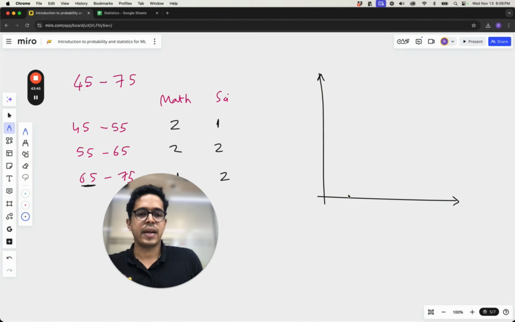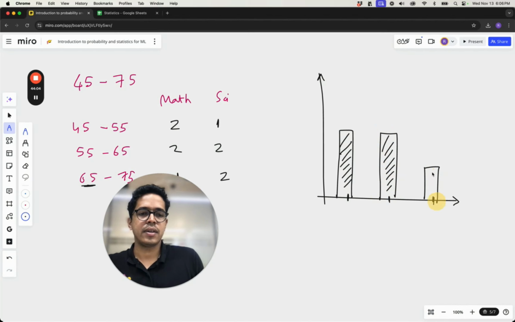So we have 3 buckets: bucket 1, bucket 2, bucket 3. For math, the histogram would look like this. There are 2 students in the first bucket, 2 students in the second bucket, and only 1 student in the last bucket. And this is the histogram for math.